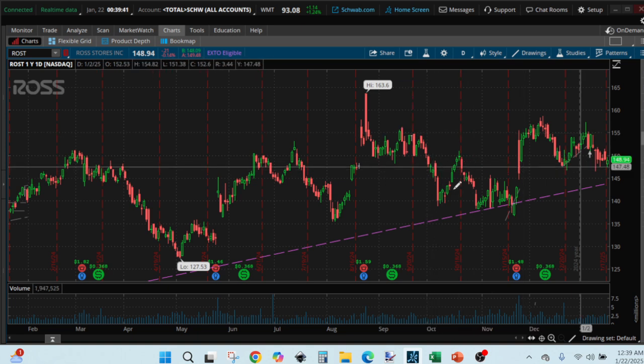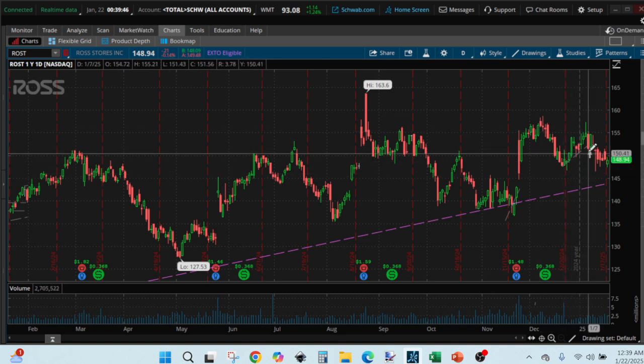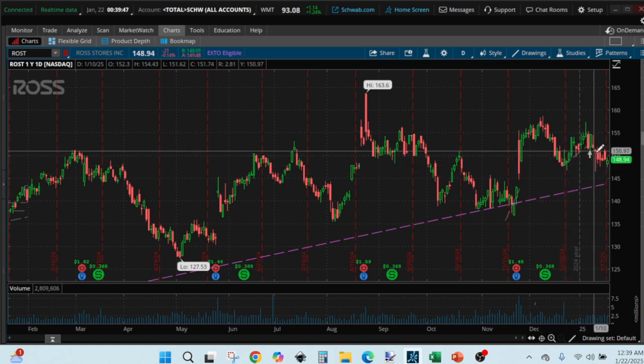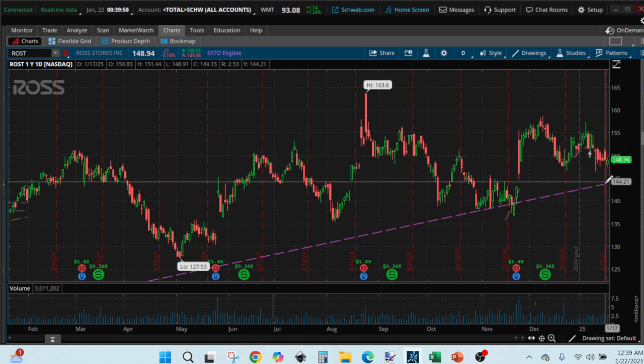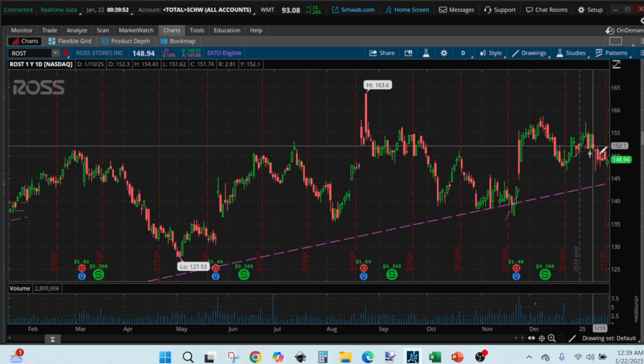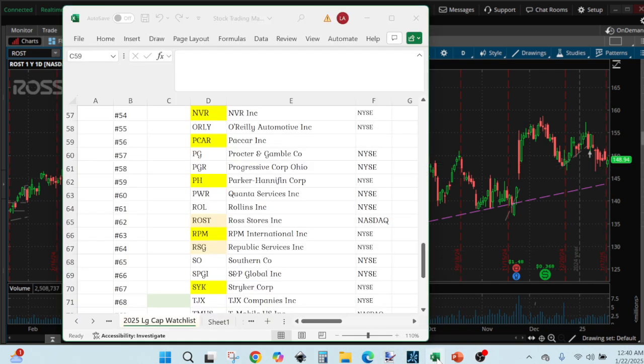At this trend line it went up, pulled back, and we bought it, but then it pulled back further down. So maybe it wanted to come back down closer to it, but it's there. And yesterday the price went up, but still below what we paid for it. So the next one is RPM.